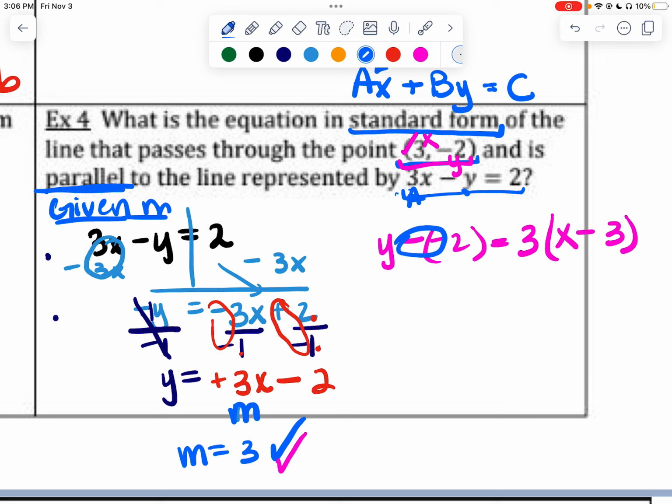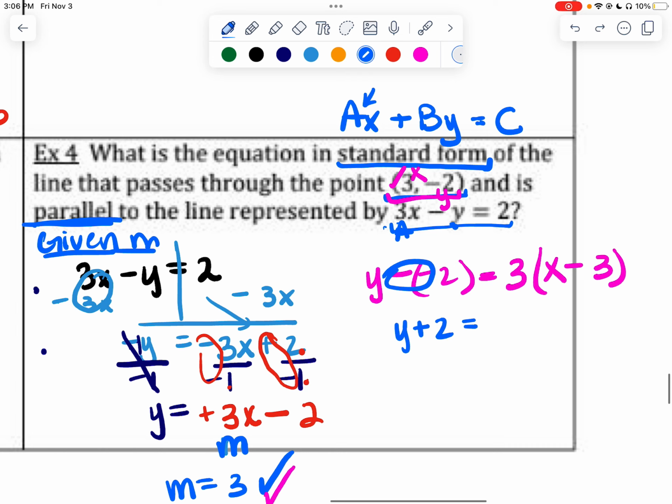Negative times a negative gives me y + 2 = 3(x - 3). And remember, my end goal, standard form, does not have parentheses, so let's take care of it right now. 3 times x, 3x, 3 times negative 3, negative 9.